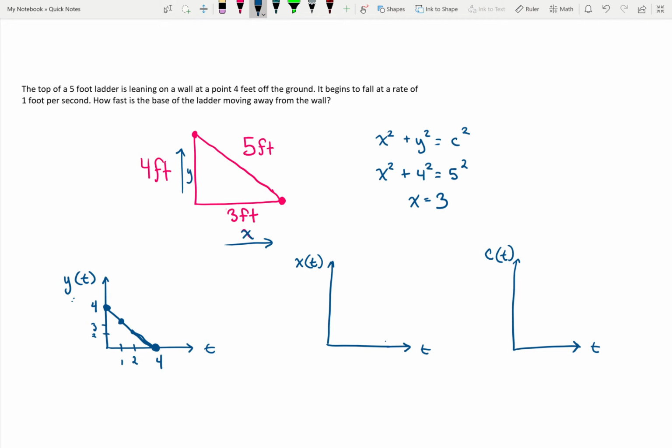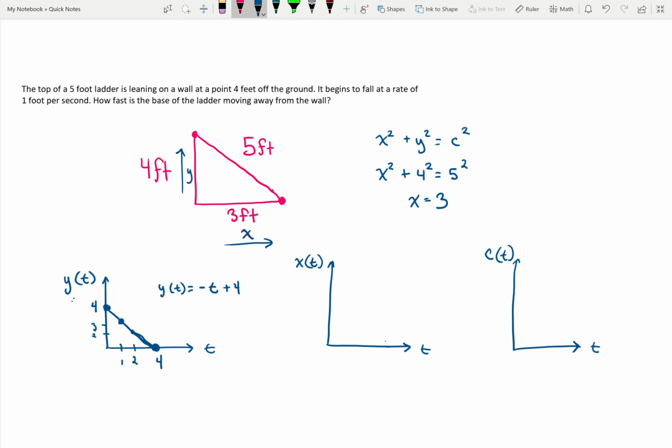Okay, so how can we write this guy as a formula? Well, y of t equals, this is clearly a line, and its slope is decreasing by 1, and its y-intercept is 4.